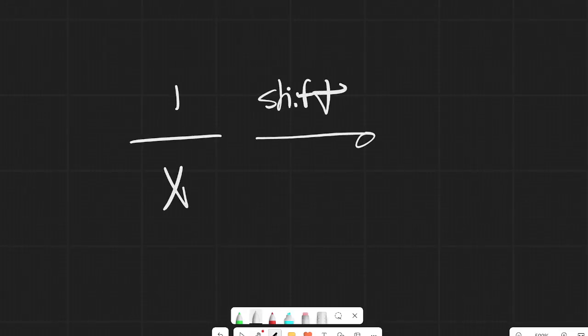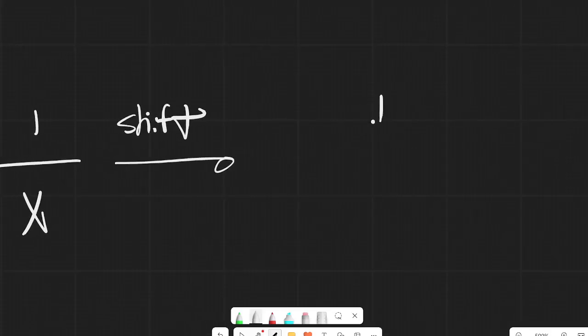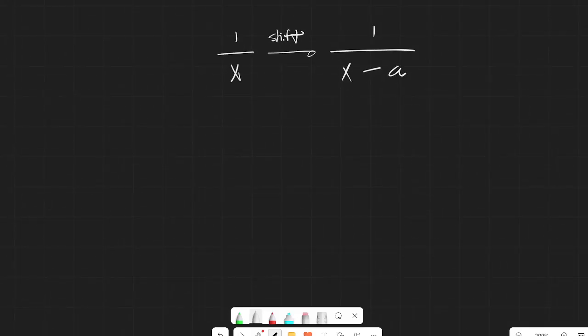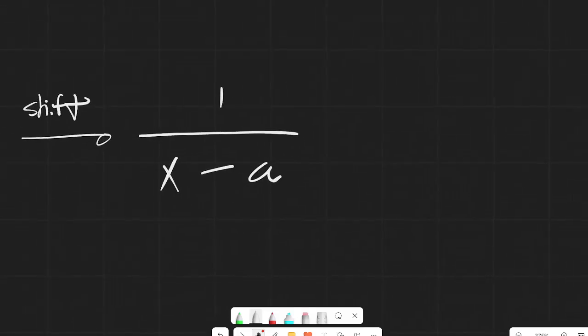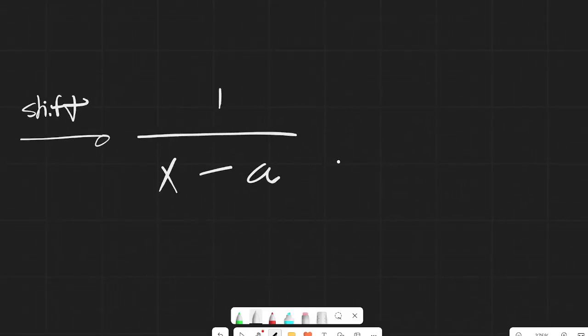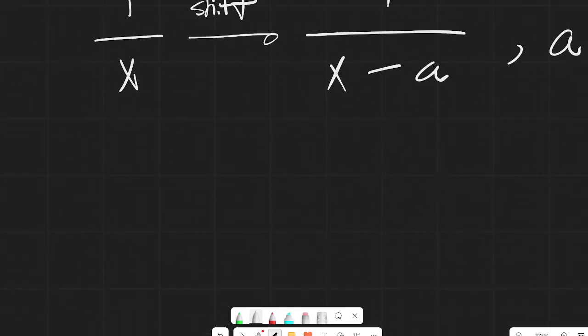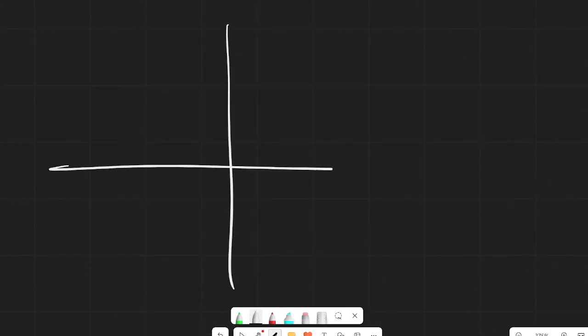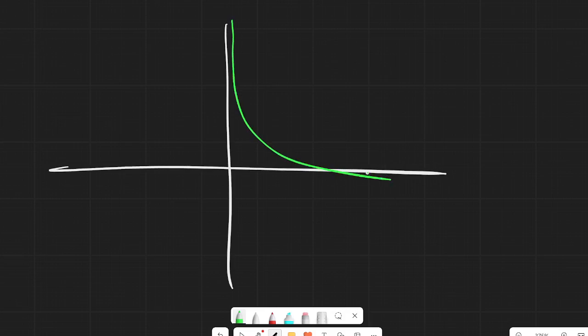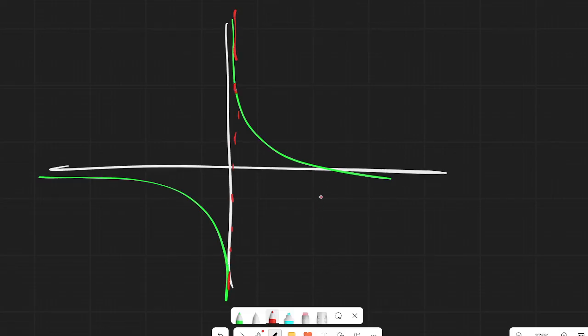Now, what happens if we shift the 1 over x function, right? Let's apply the shift from the graph transformations section in algebra, and we'll say 1 over x minus a. Let's say a is a positive number. The original function was like this, where the vertical asymptote was 0, but now we're shifting it to a.